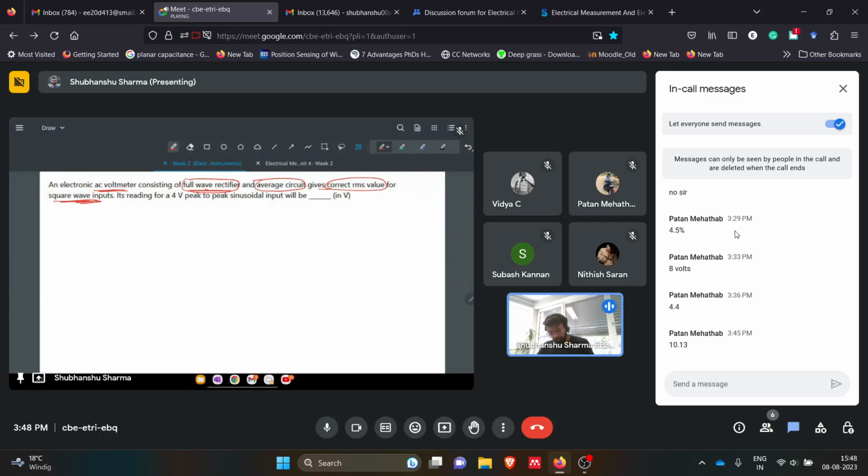So for a full wave rectifier, I will just draw this diamond. The diode part you can draw yourself, just as a symbol, just for analogy. Don't take it very seriously. So this is, let's say, a full wave rectifier. If we pass a sinusoidal signal through this, and then we calculate.